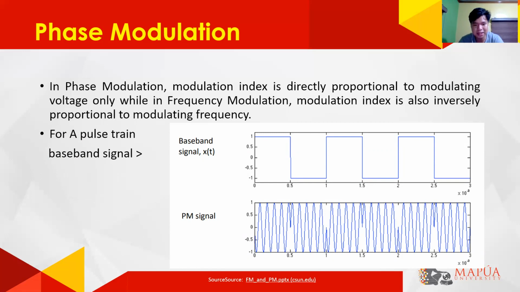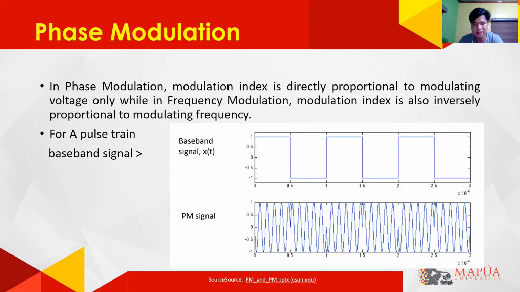As you can see, in the baseband signal x(t), when the line goes down, the PM signal changes in phase. When the baseband signal goes positive, it changes phase again, and the same process repeats itself.